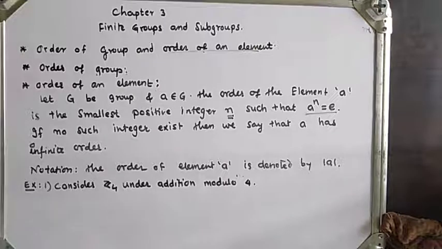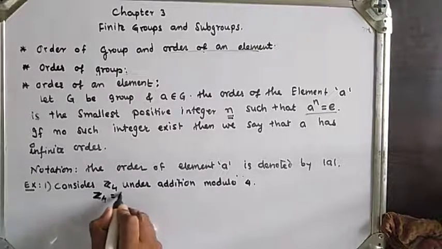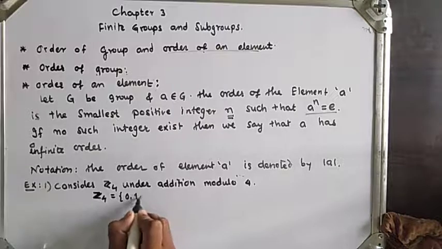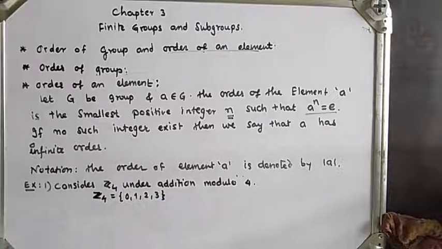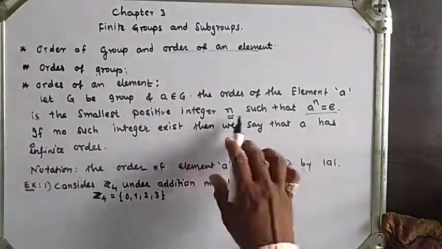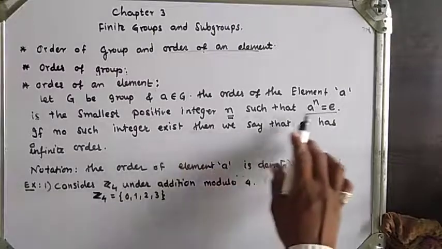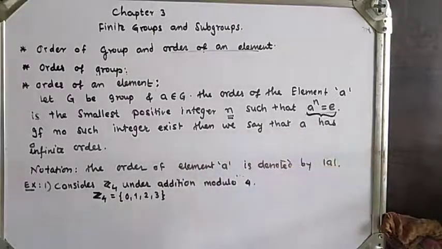Z4 has elements 0, 1, 2, 3, so it has 4 elements. Now to find the orders of the elements: the definition of order of an element is, if a is an element of G and n is the smallest positive integer such that a raised to n is equal to the identity. This is multiplicative notation.